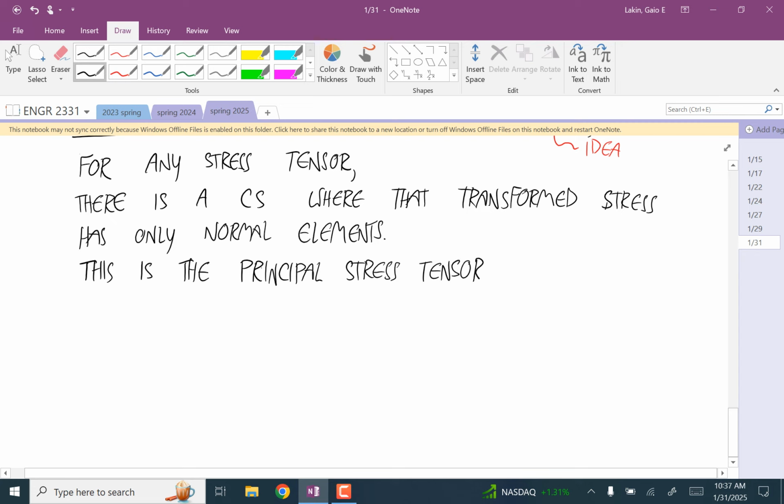So you don't have to worry about any shears. Everything's normal. And then this actually ends up being the more useful part.